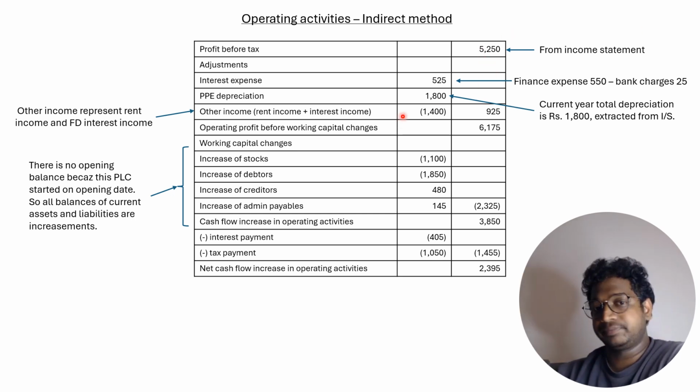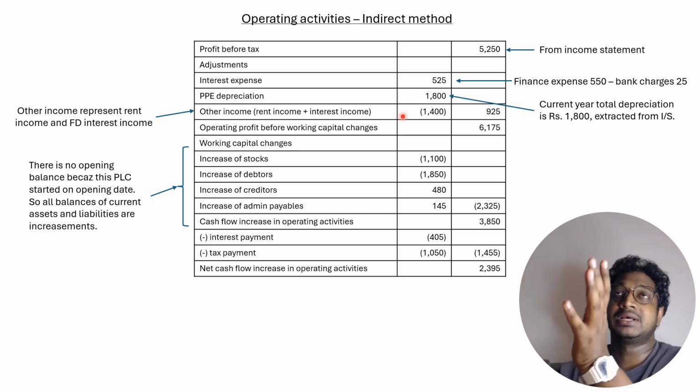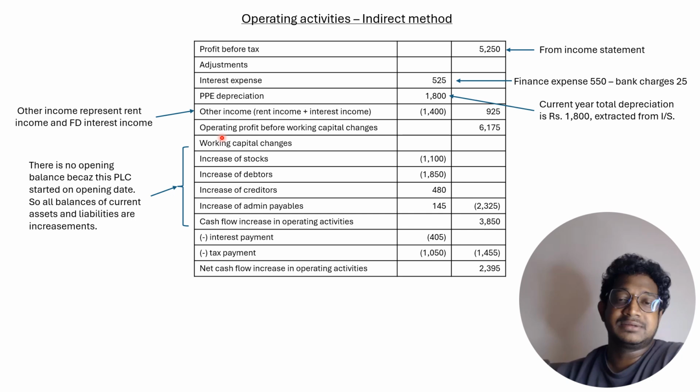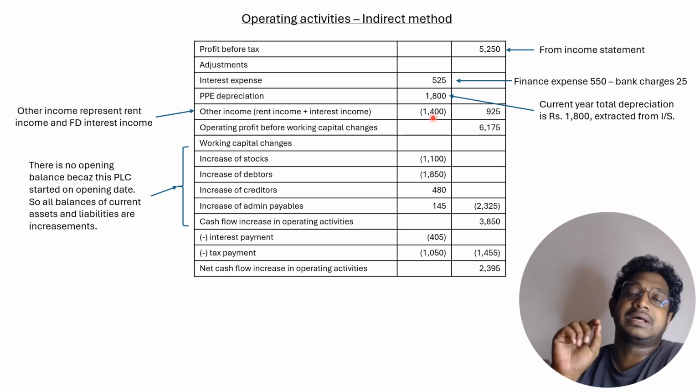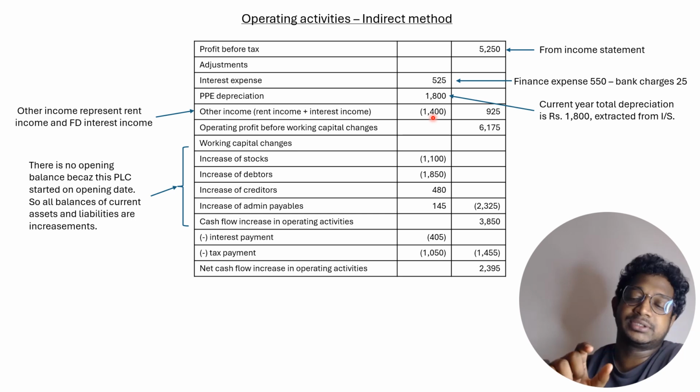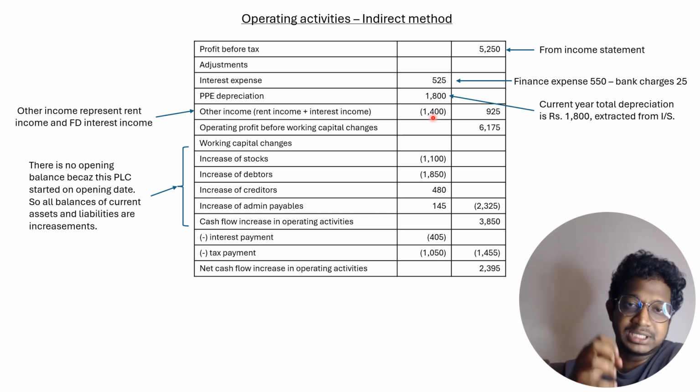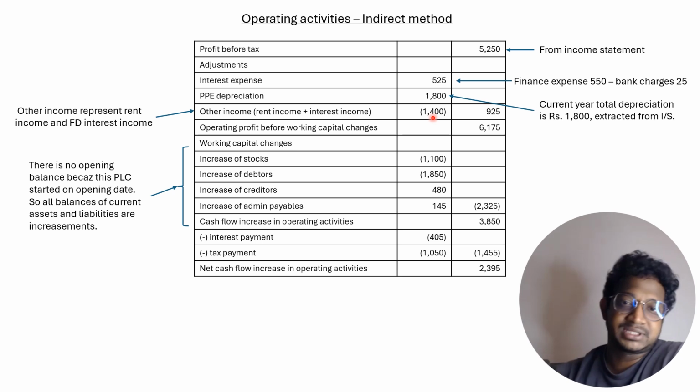But these incomes you have to record in investing activities, which means these other incomes are not relevant for your operating activities. So you have to deduct the total other income that you recorded in the income statement, and then record the total other income received in cash in the investing activities.